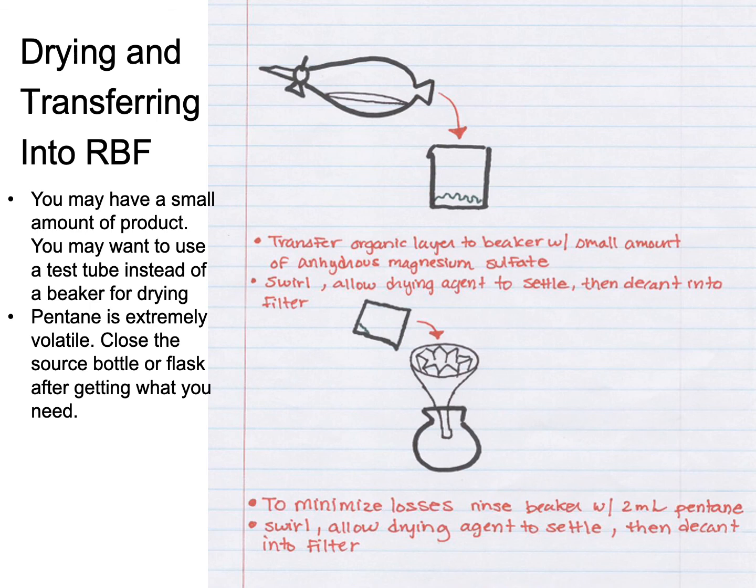And at the end, we are going to transfer the organic layer to a beaker. A small amount of the anhydrous magnesium sulfate is going to stay, and then we are going to use filtration to filter, and we are going to obtain at the end the ester, but it is still not pure.